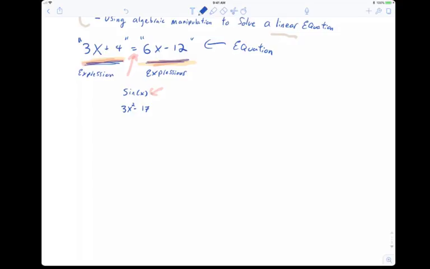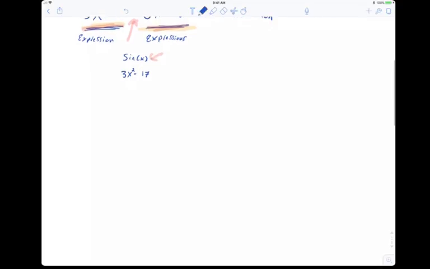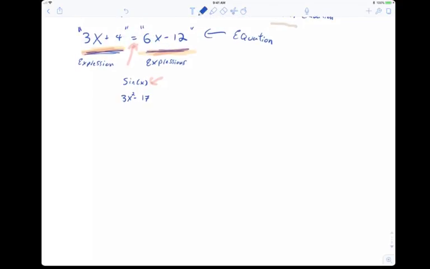Hope that makes sense. Okay, so what do we mean when we say solve an equation? What do we mean when we talk about the solution to an equation?